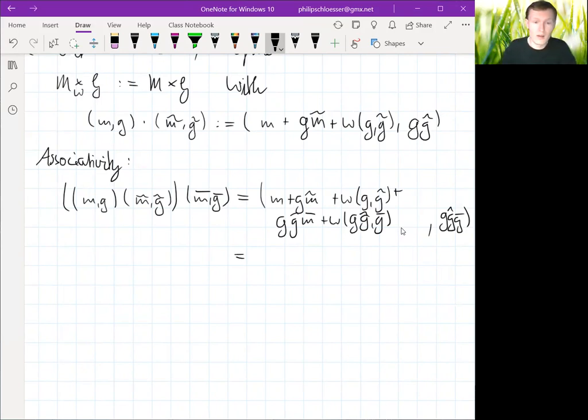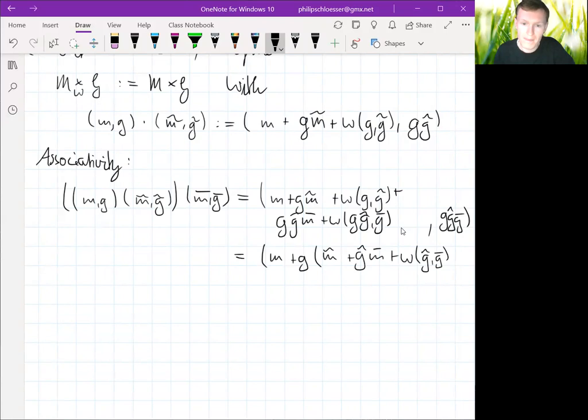And basically using exactly the property that omega satisfies, we get that this is the same as m plus, then we can pull out a factor of g, m tilde plus g tilde m bar plus omega g tilde g bar, closing brackets, plus omega g tilde g bar, comma g tilde g bar.